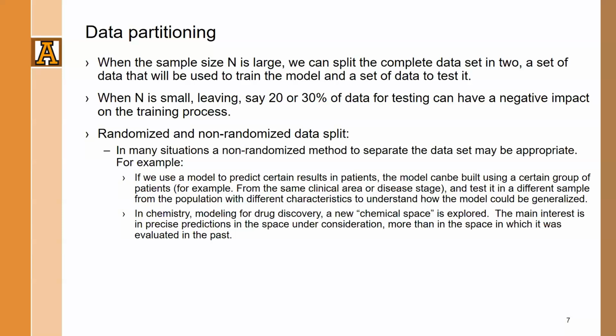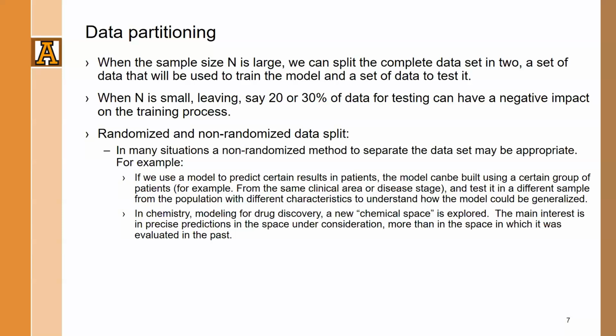That's one case where you don't do a randomized split. You select, for example, patients with certain ethnic characteristics, and you want to make sure that the treatment you develop is also good for other ethnic characteristics. So you select a group based on the ethnic characteristics, and then you leave out some people that are not in that group to test them all.